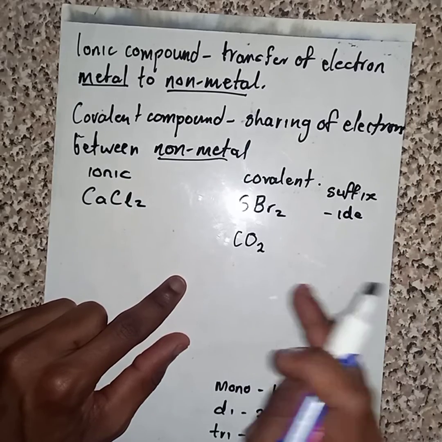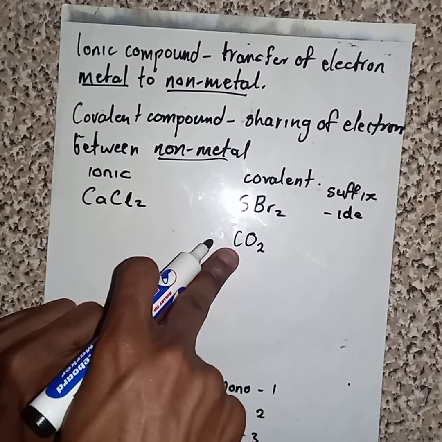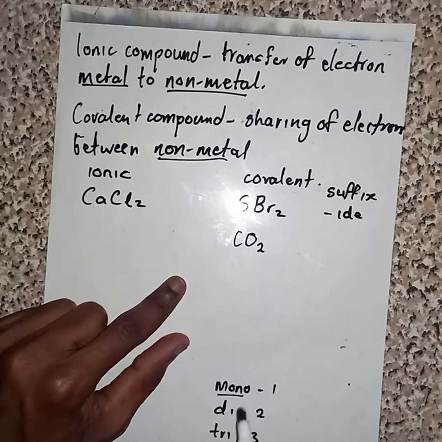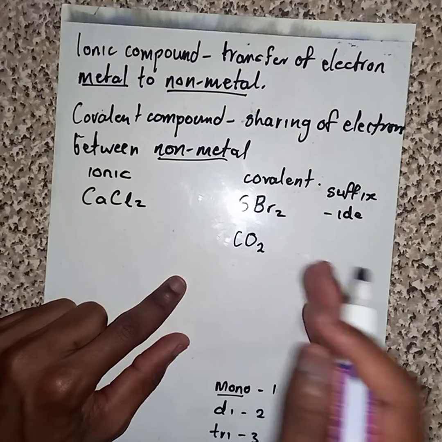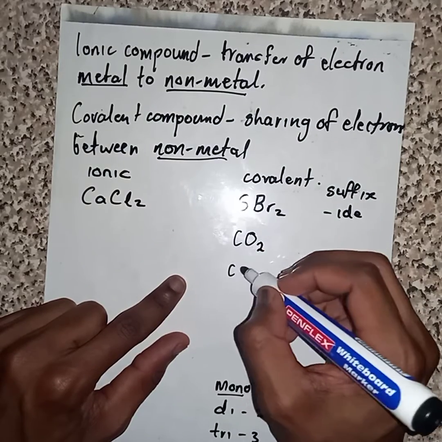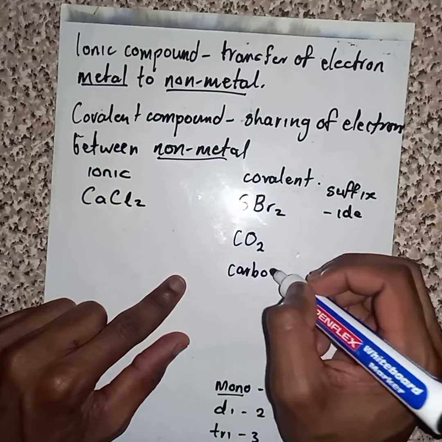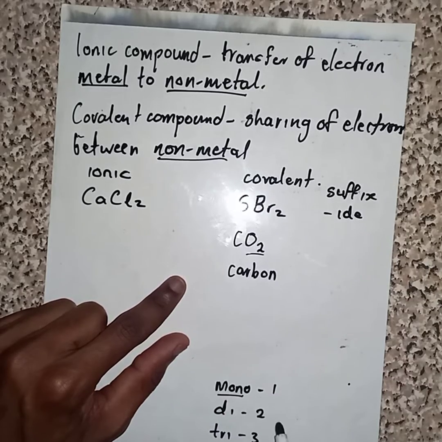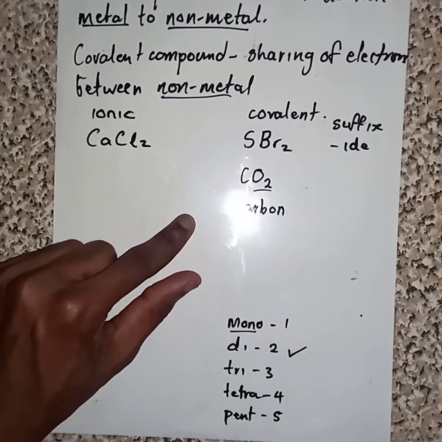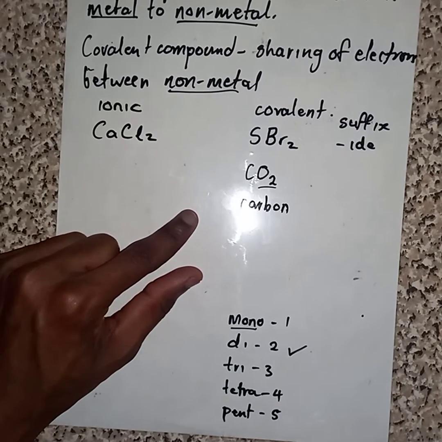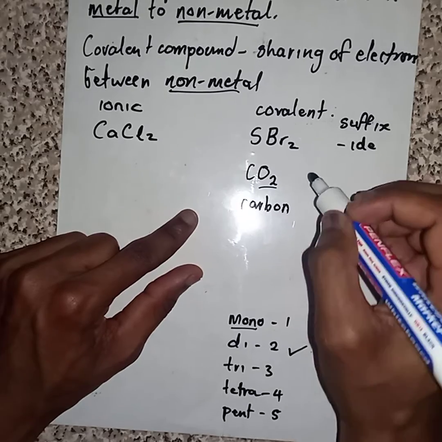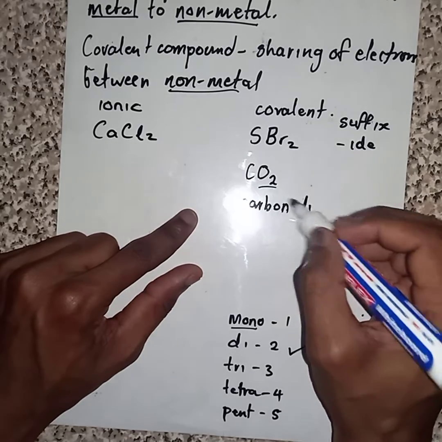Then for the first element, there is no need for you to say mono. You just name it as it is. Then it's going to be carbon. Then for the second one, we have 2. Then it's going to be di. 2 means di.